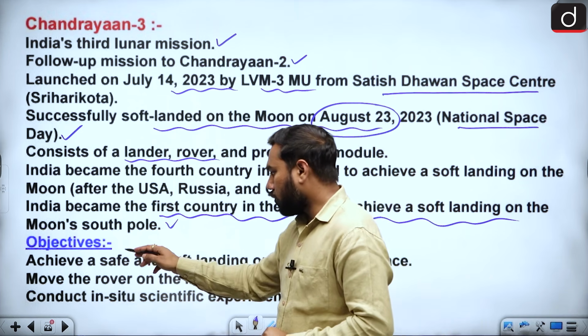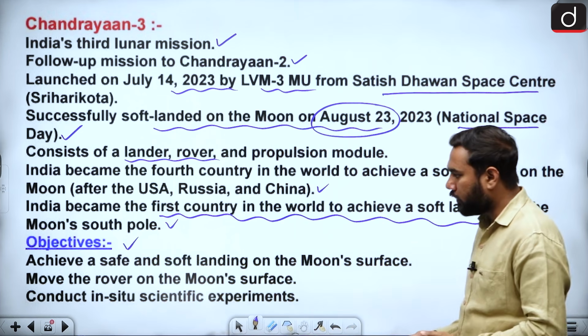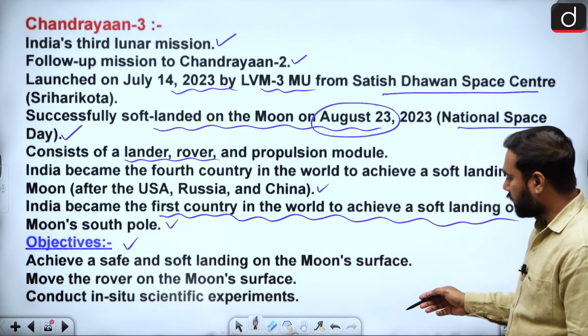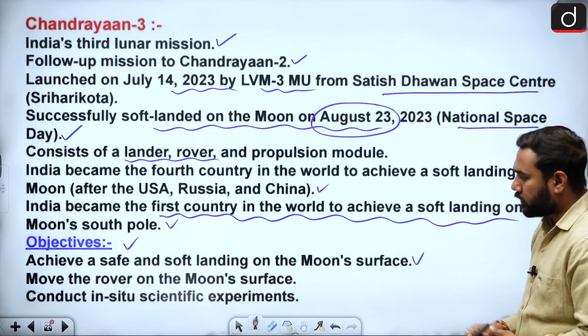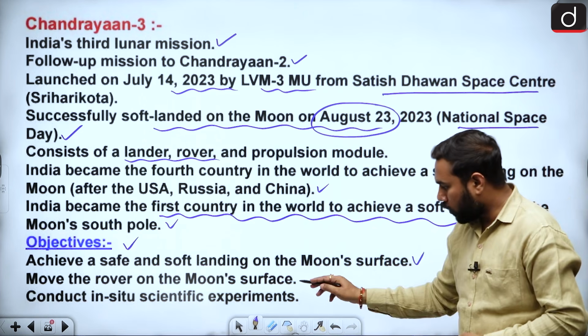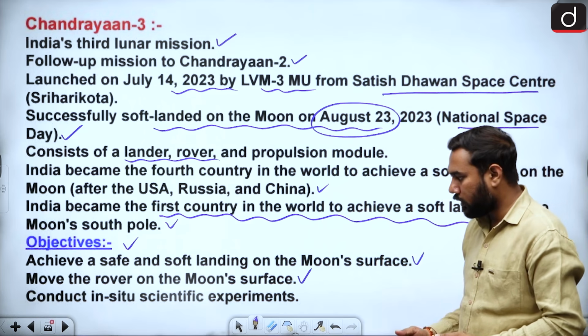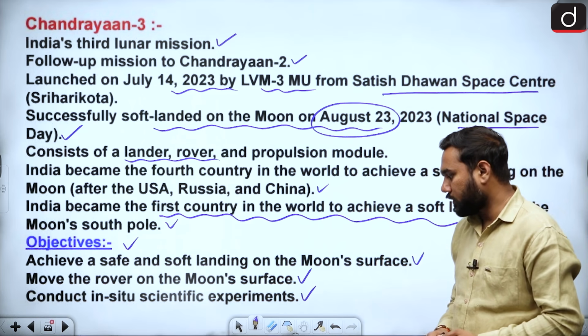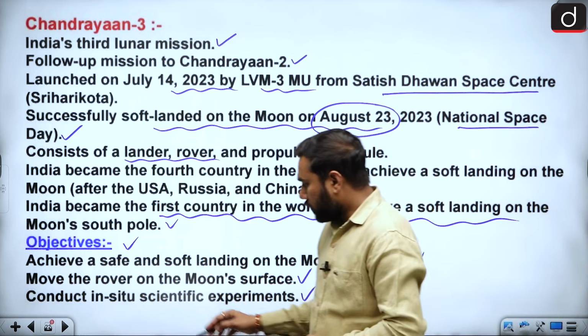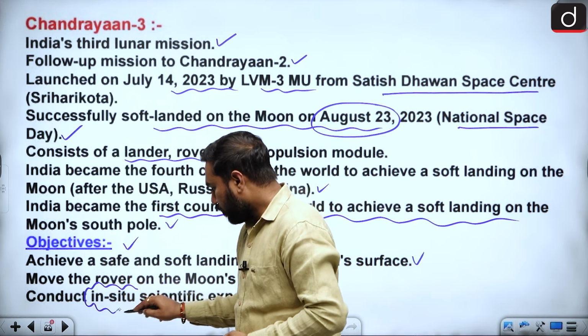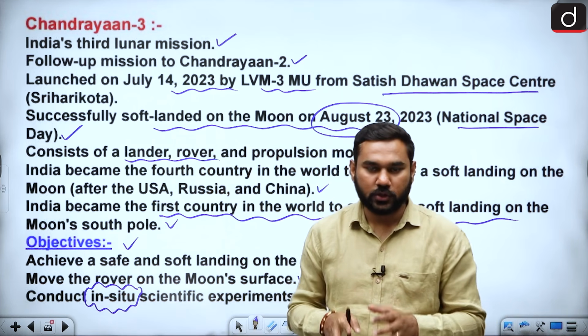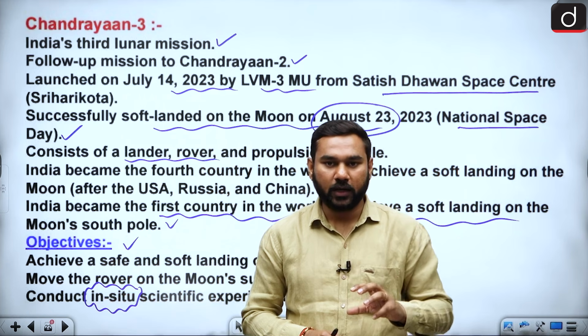So when we talk about the objective, what is the reason behind it? We achieve a safe and soft landing on the moon surface, move the rover on the moon surface, and also conduct in situ scientific experiments. This word is very, very important. In situ means in this mission, we cannot carry the sample.